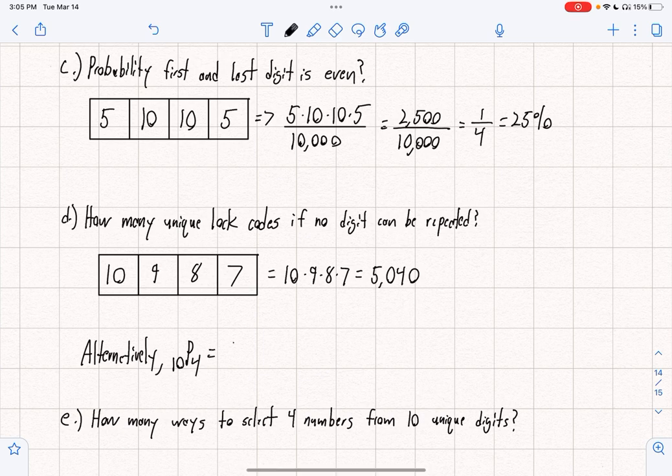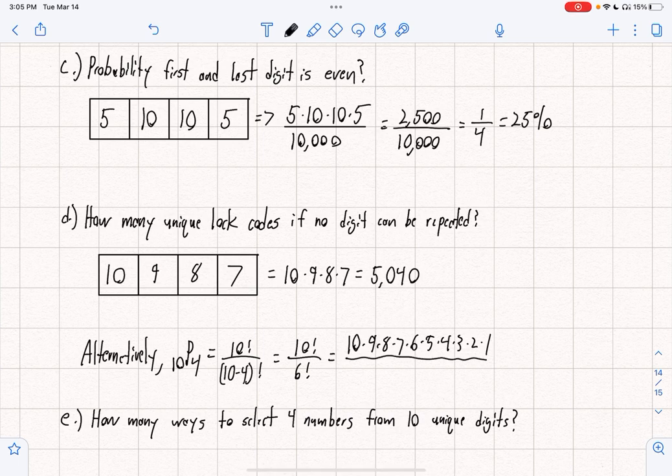So this would be equal to 10 factorial over 10 minus 4 factorial, which would be 10 factorial over 6 factorial. So this would be 10 times 9 times 8 times 7 times 6 times 5 times 4 times 3 times 2 times 1 divided by 6 times 5 times 4 times 3 times 2 times 1.